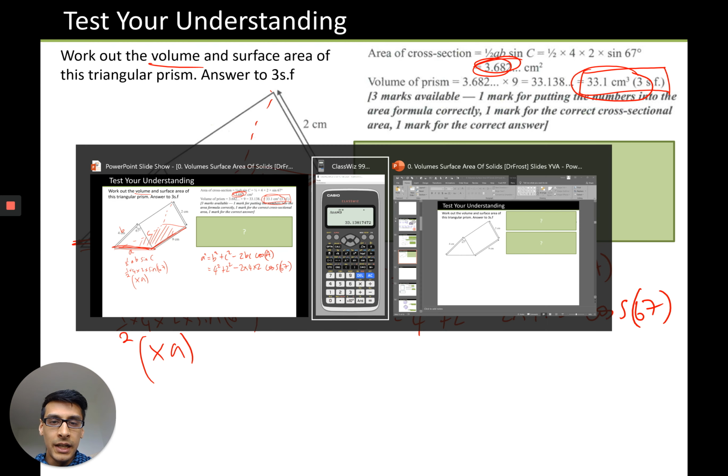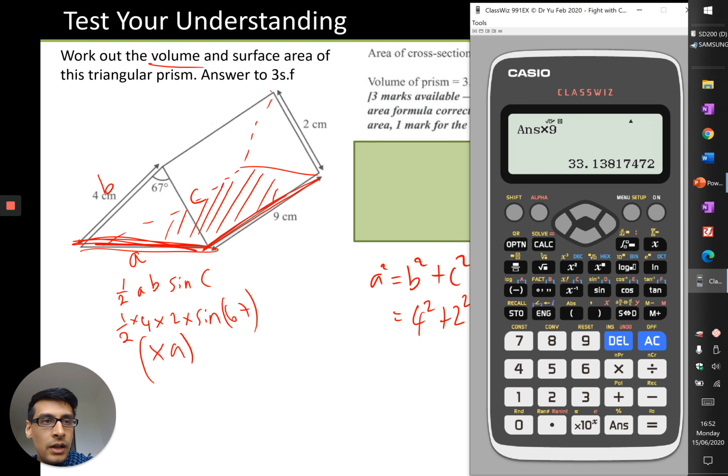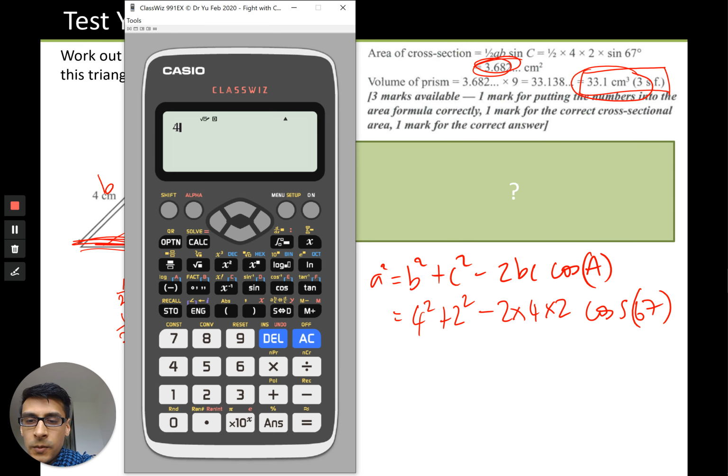Put that in your calculator. 4 squared plus 2 squared, and then you do minus and then brackets. So 2 times 4 times 2, which is 16 cos 67, close brackets. And that gives you 13.7.